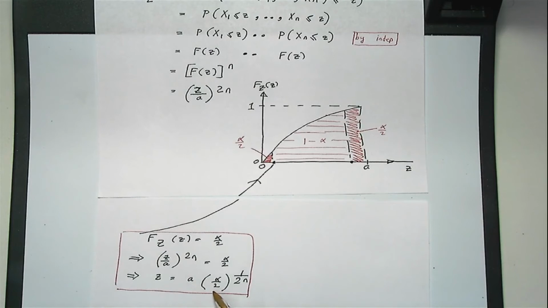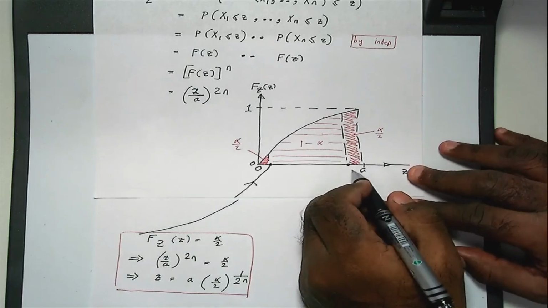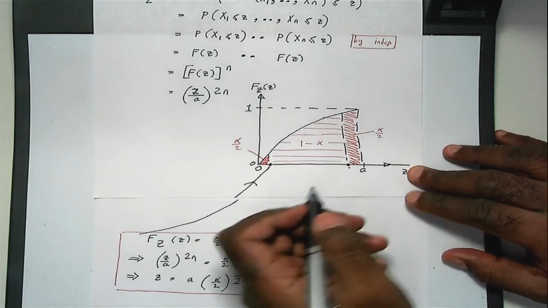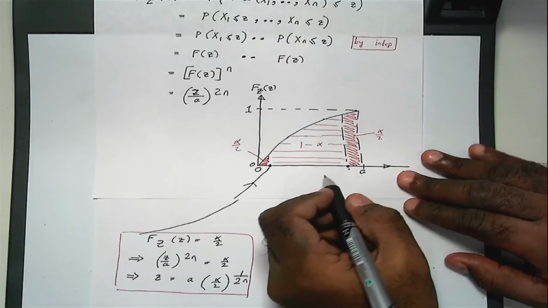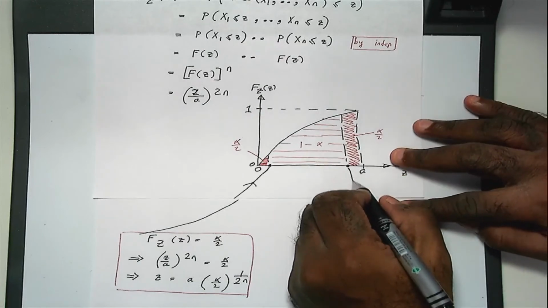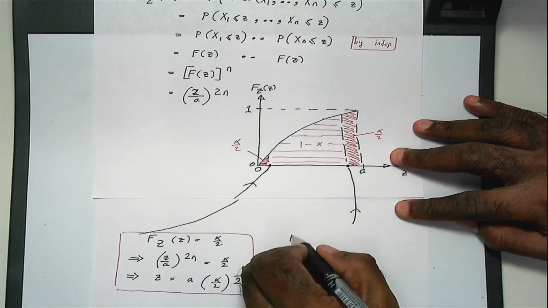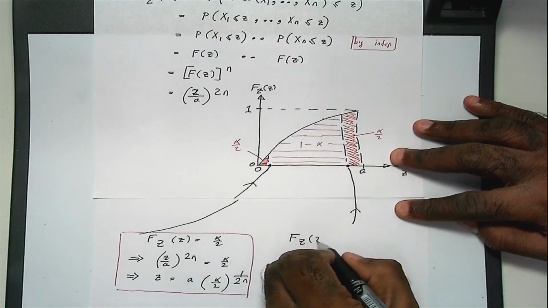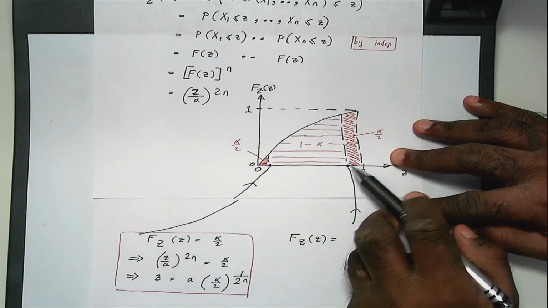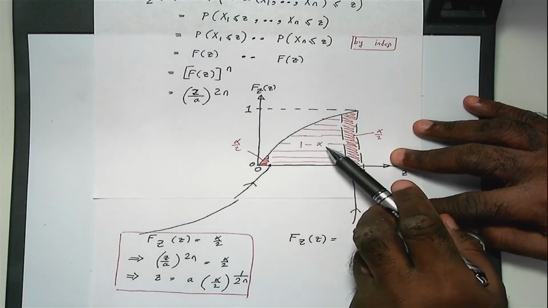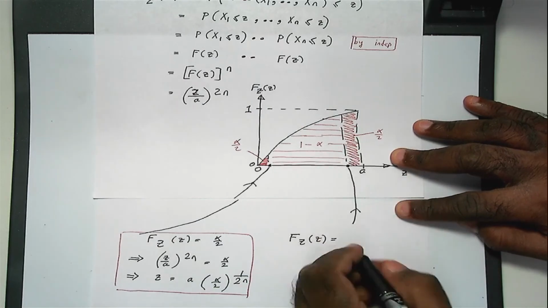And similarly, to figure out the coordinate of this point, we need to set the CDF equal to the area to the left of this point, which is 1 minus alpha plus alpha by 2, which is 1 minus alpha by 2.